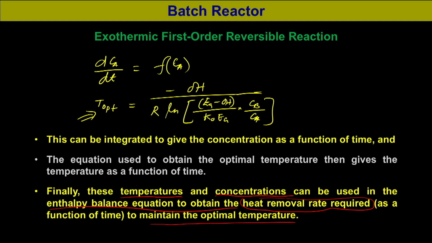So, that will tell how to maintain the optimum temperature. This is how we can do it, but since the analytical calculation is really lengthy, we can use software like Mathematica or Maple to solve these equations.